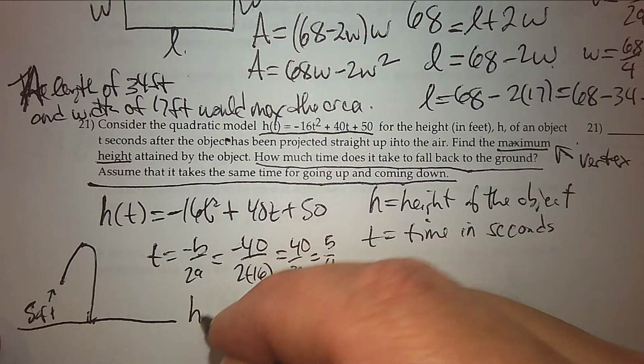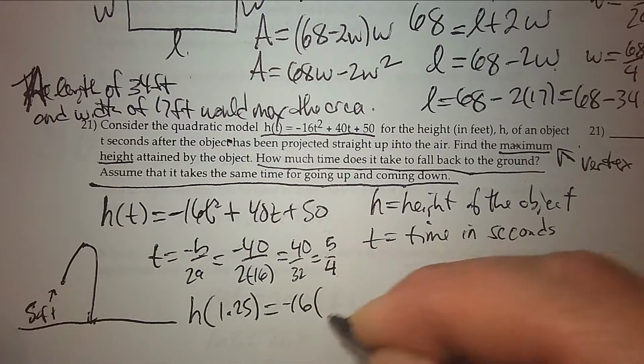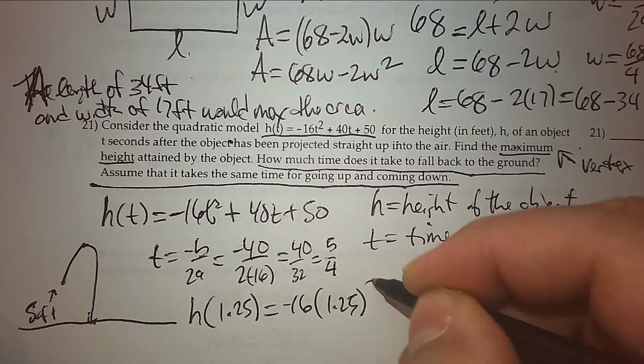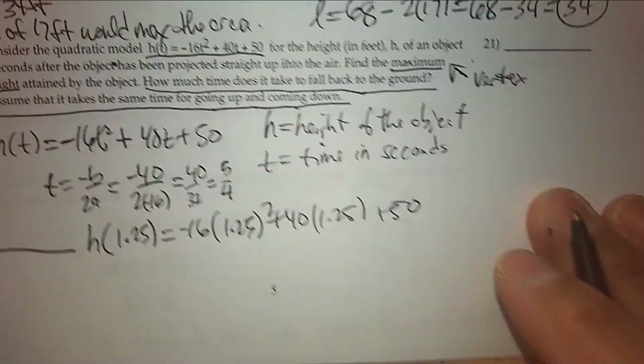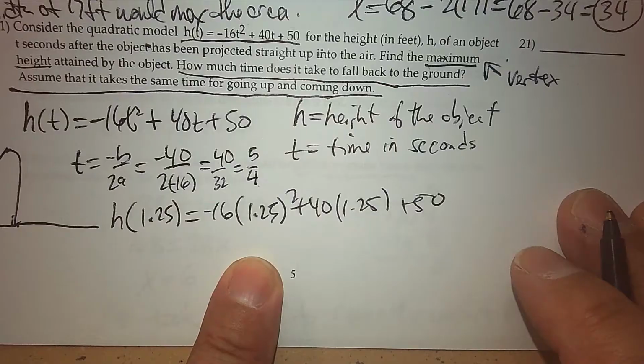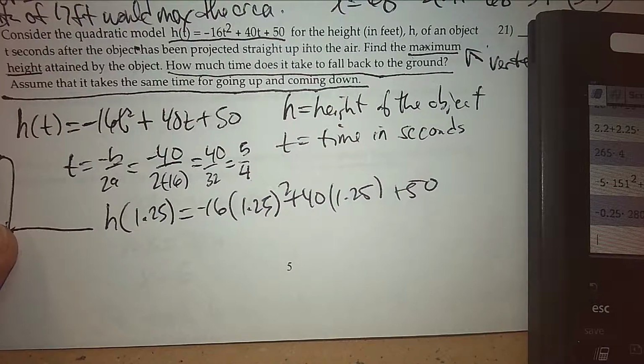That's not the question, though. The question is, what would the height be? And again, if I had this question, you'd be allowed to use your calculator. But to find the maximum height, you would then plug in the time into the height equation and solve it.